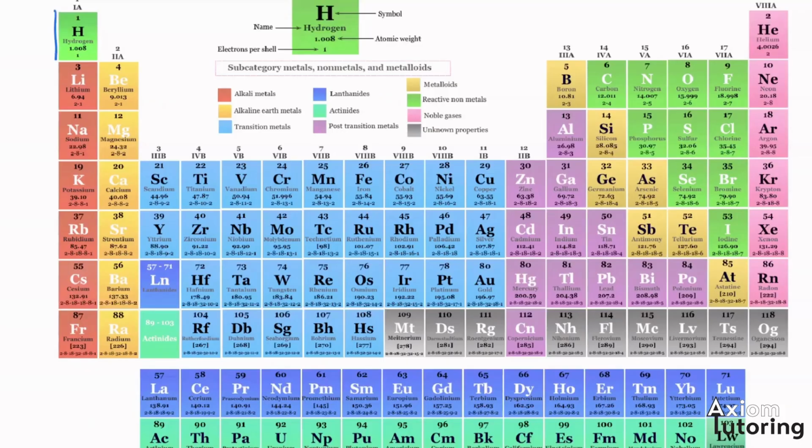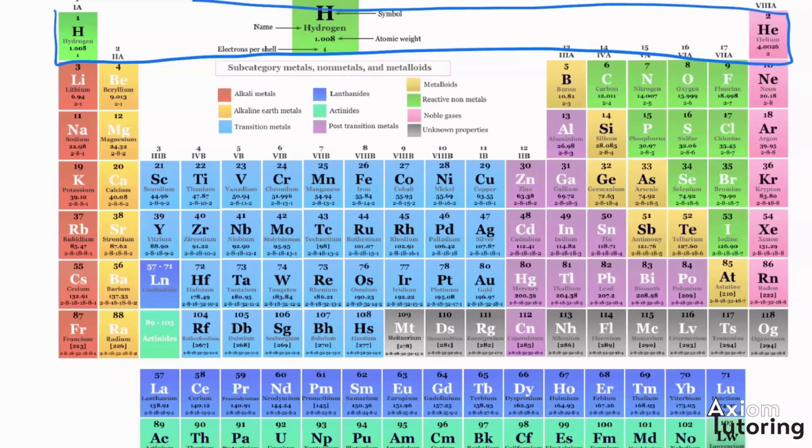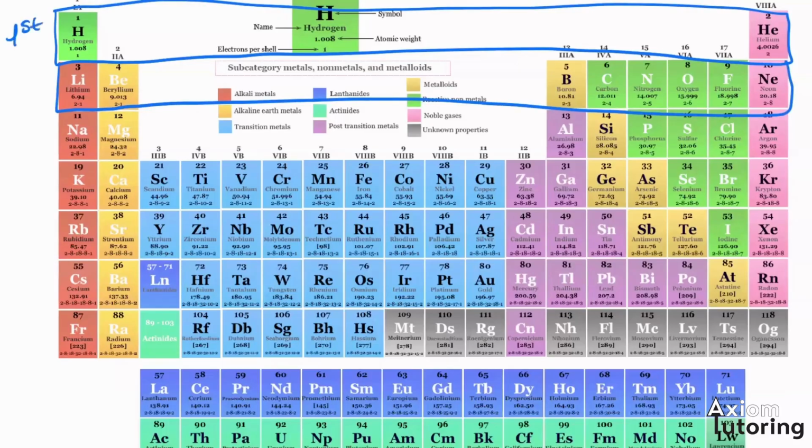So the first row is our first electron energy level. The second row is the second level. So this is first, second, and so on, all the way down to the end of the periodic table.